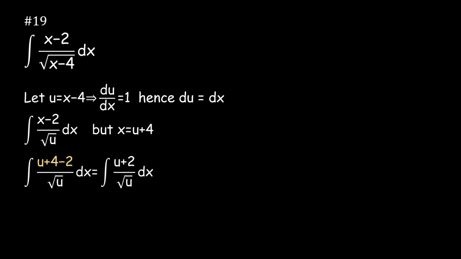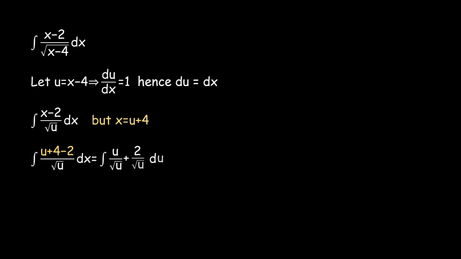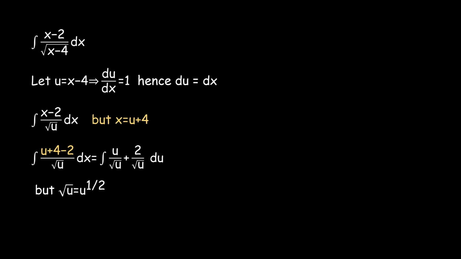Okay, this simplifies to the integral of (u plus 2) over the square root of u. And now we're going to give each of these the denominator of square root of u. Then we use the law of indices to simplify each of these, in which case we would have the integral of u to the power 1 minus a half plus 2u to the power minus a half.